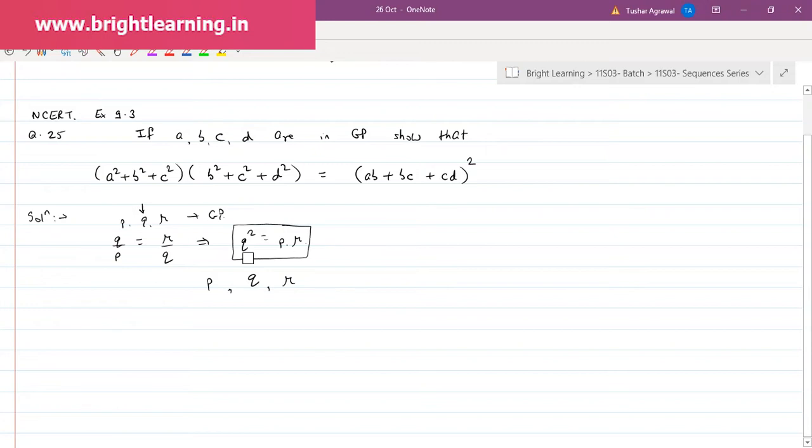Okay, so here, the question that he has shown, we can think of it as this square expression, the right hand side, squared, is equal to the product of two brackets. So we can say that this right hand side bracket is the middle geometric mean of the first and the third brackets.